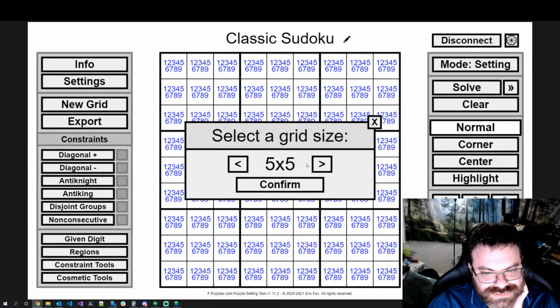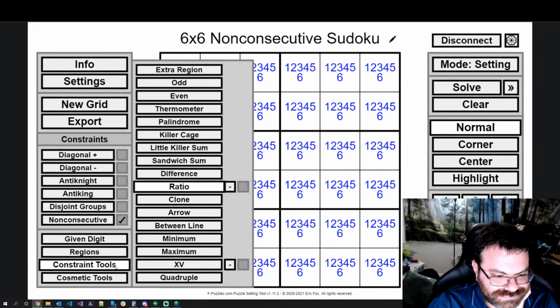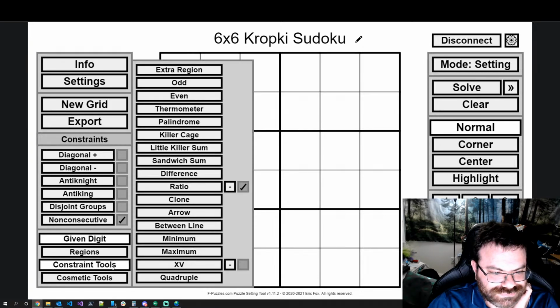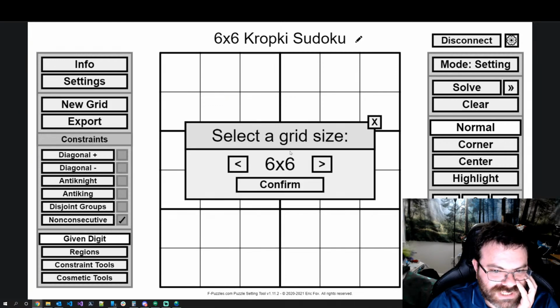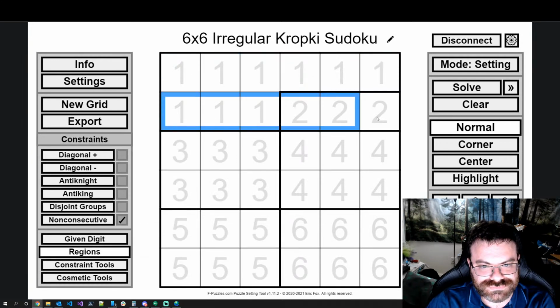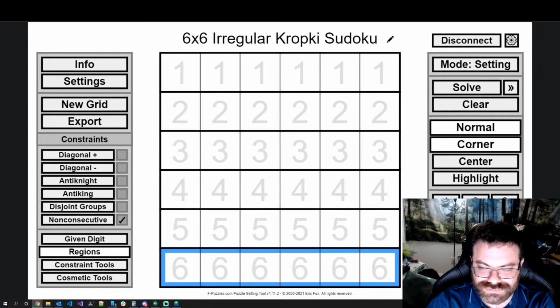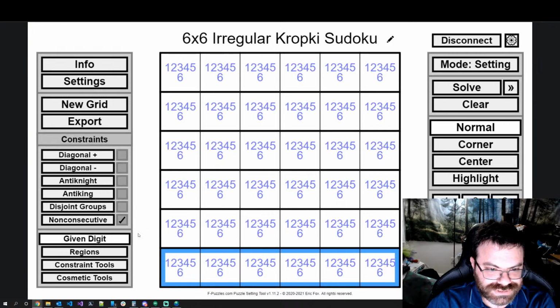Six by six can be interesting. It's only possible if you don't have any regions. Get a digit here.